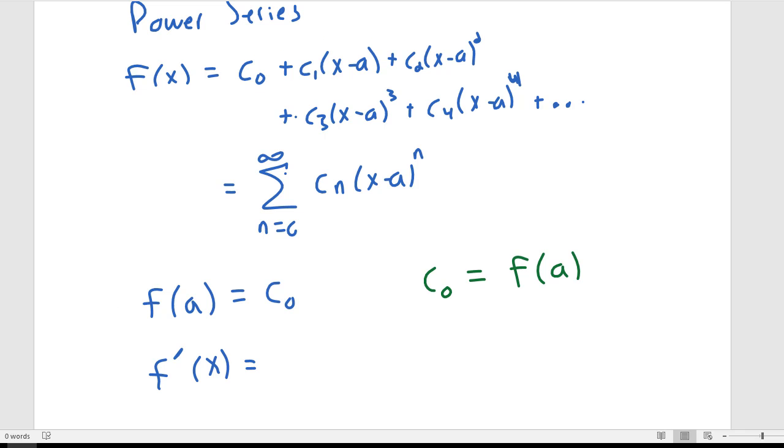I'm going to come back up to this power series. If I take the derivative of the constant, it is 0. If I take the derivative of this linear term, it's c1. If I take the derivative of this quadratic, I'm going to bring the 2 down, take 1 away. I'm going to take the derivative of the cubic, bring the 3 down, take 1 away.